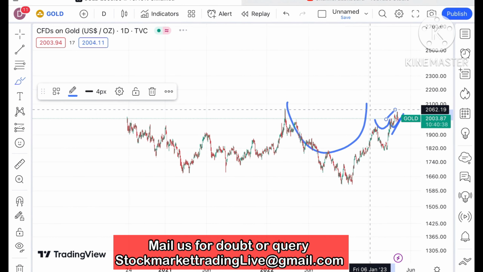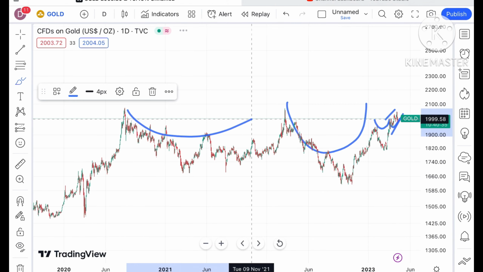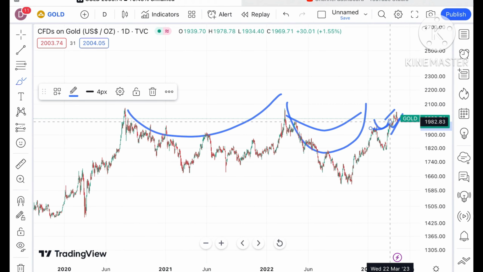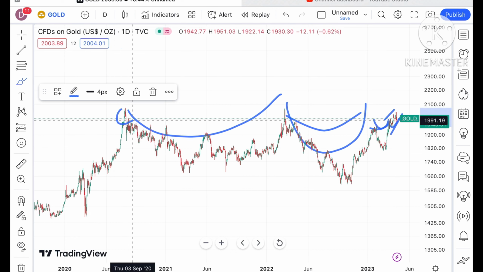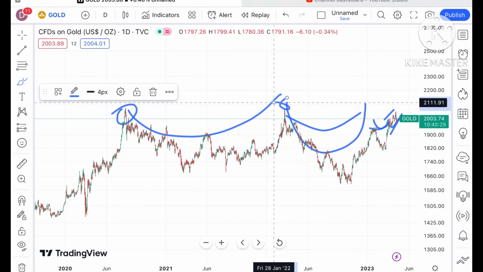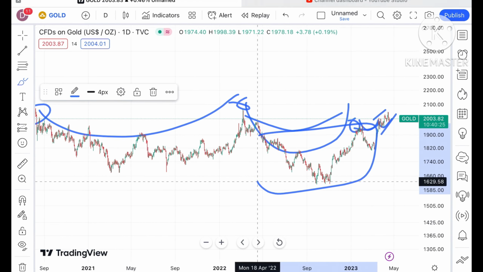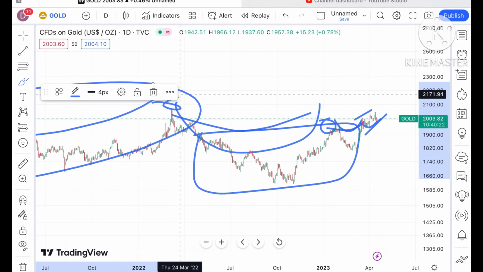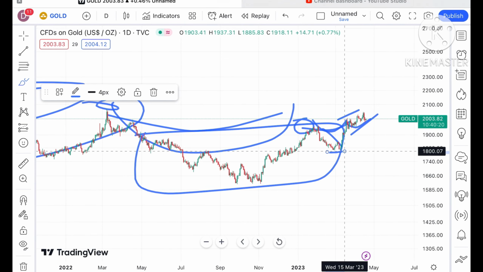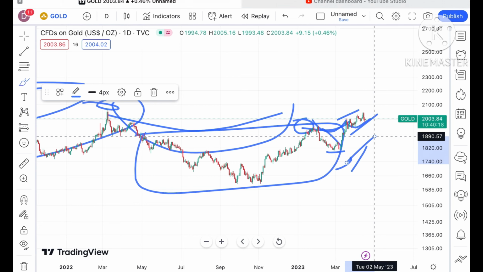If you look beyond 2022, you can see that these three patterns are created similarly, with the resistance which is already weak, as you can see on this chart, and after making this particular low they made a swing and were continuously moving upside.